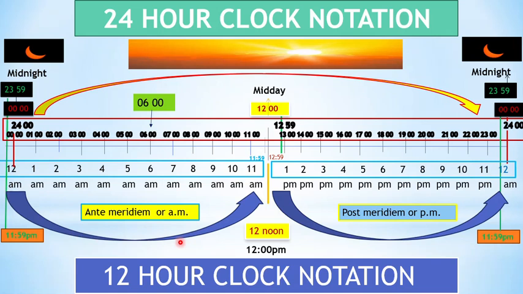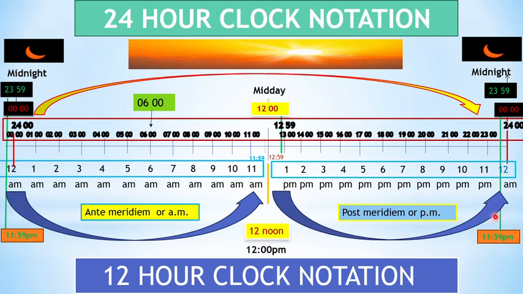Mid of the day is represented as 12 noon, and it is also written as 12 PM, where PM stands for post meridian. Another half of the day starts from 12:01 PM and ends at 11:59 PM.